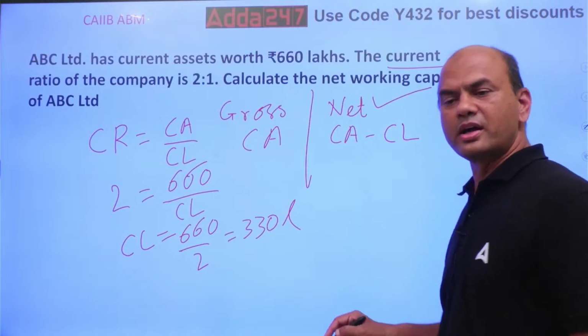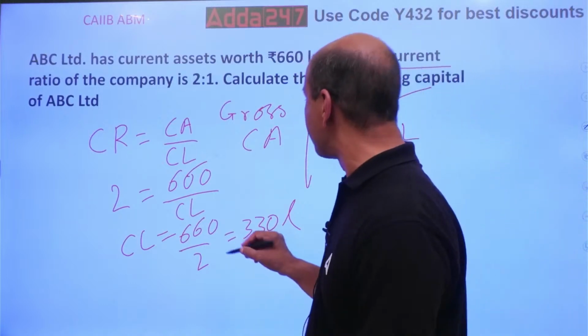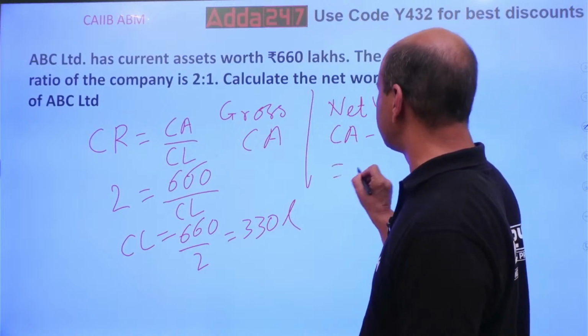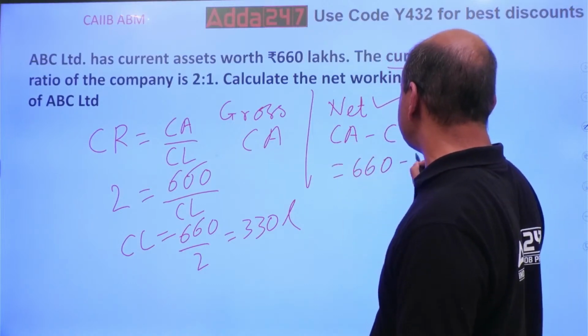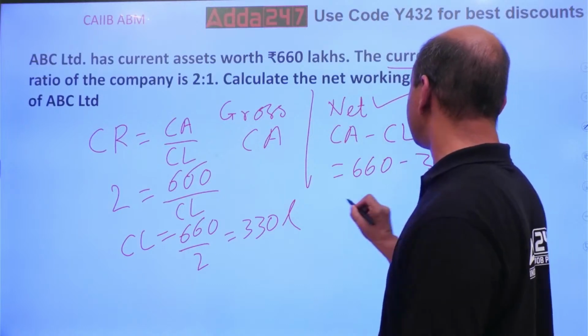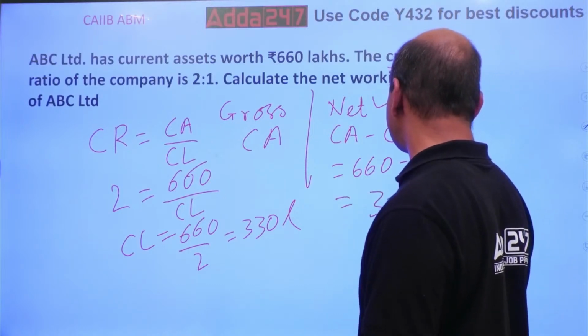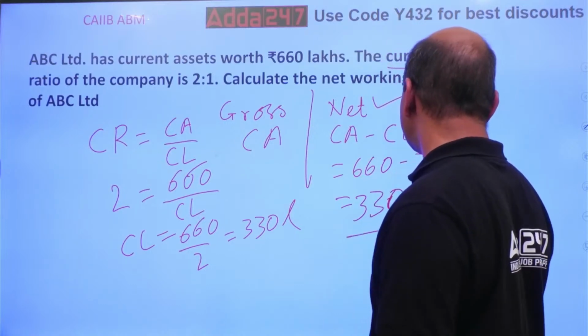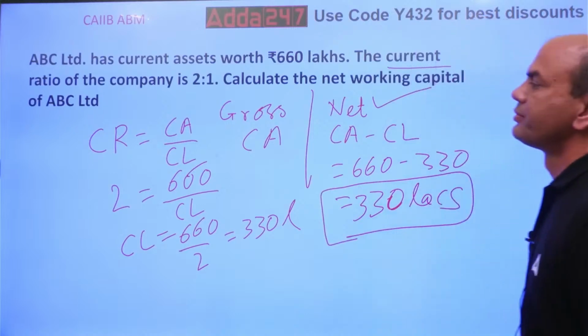So now you have got the current liabilities also. Now current assets minus current liabilities, that is what is required. So 660 minus 330, the answer will be 330 lakhs. That is your net working capital.